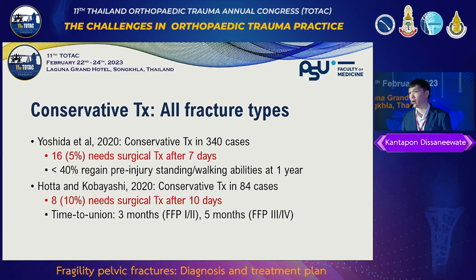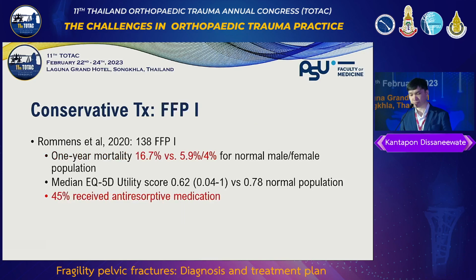As you can see, in their series, only 5 to 10% need operative treatment after 7 to 10 days. But we can see that less than 40% of the patients regain pre-injury standing and walking ability at 1 year. So these fractures have very poor clinical outcomes.